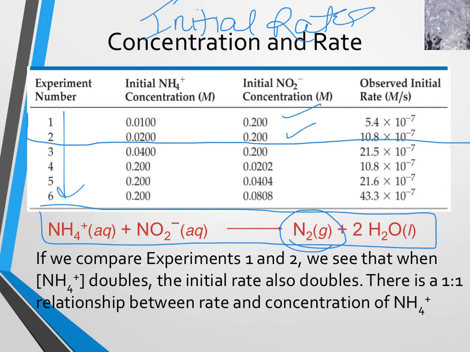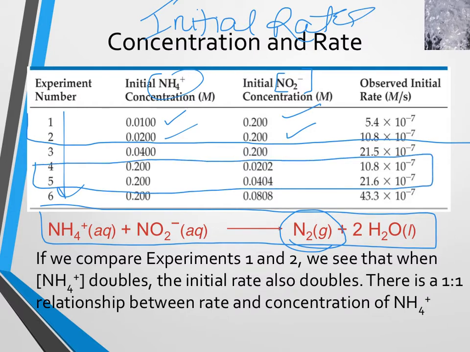You can see they held the concentration of the nitrite ion constant in these two, while they varied the concentration of the ammonium ion. Okay? And then in turn, let's compare experiments 4 and 5. Here they held the concentration of the ammonium ion constant while they changed the concentration of the nitrite ion. And then, of course, they measured the rate of reaction for all of these.